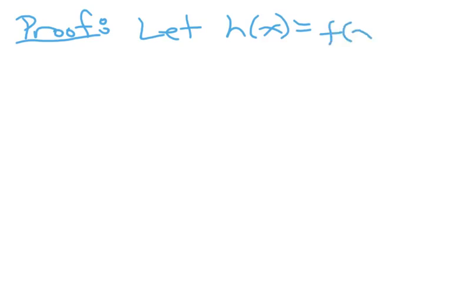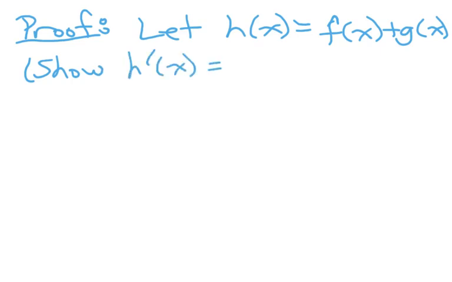So once again, for simplicity's sake, even though this is not a necessary step, we can just let h of x be equal to f of x plus g of x. So we're going to do the addition one. Subtraction is pretty much identical. You can see exactly where the plus is changed to minus, and I encourage you to write that one out for yourself. So we want to show that h prime of x is equal to f prime of x plus g prime of x.